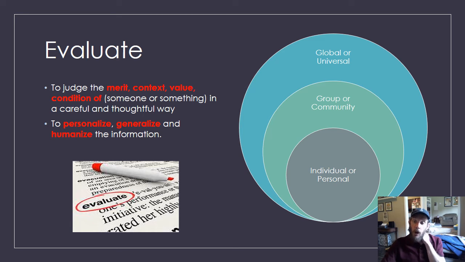Okay, so as we use E as evaluate, you may also think of it as experience. Okay, E equals experience. There's my individual experience. There's the experience, the long-term experience of a group or community, right?